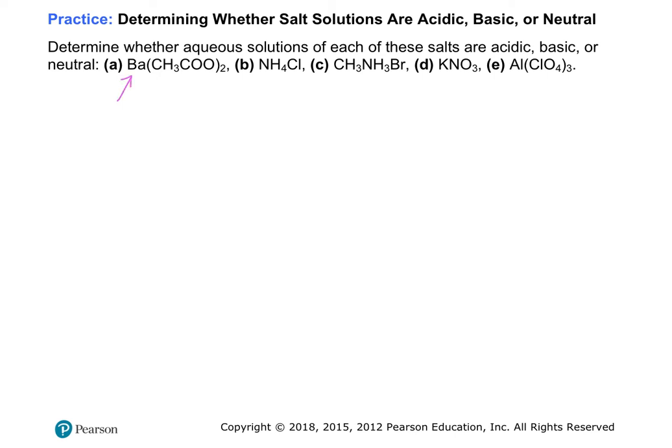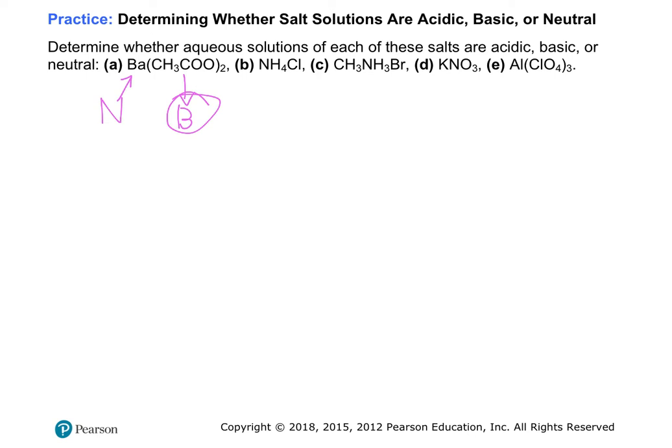So barium is a group 2, and so that is going to be neutral. Let's put an N. Acetate here is the conjugate base, a weak base, so that's going to lead to the solution being basic, forming hydroxide.